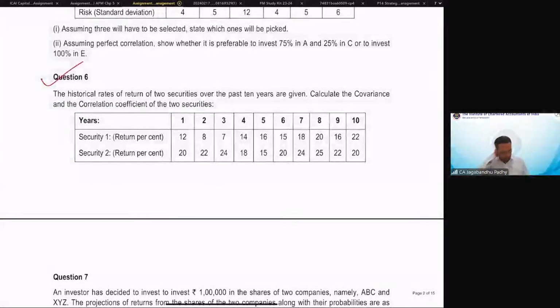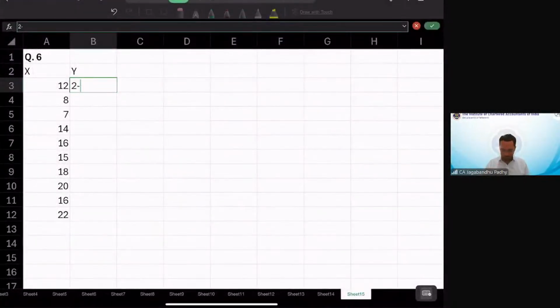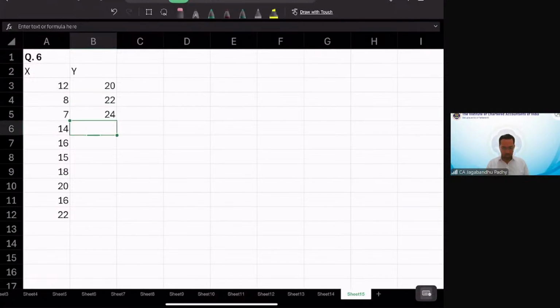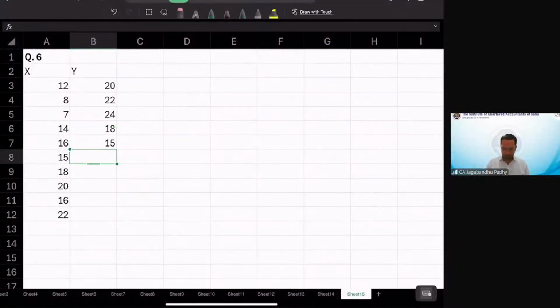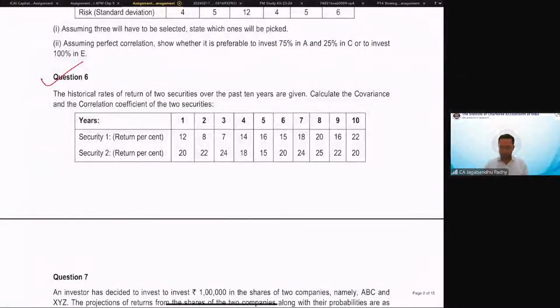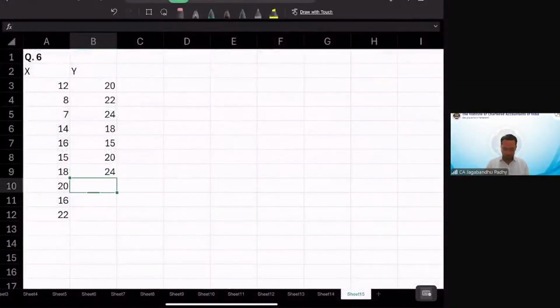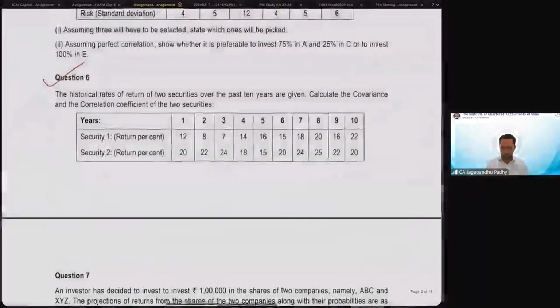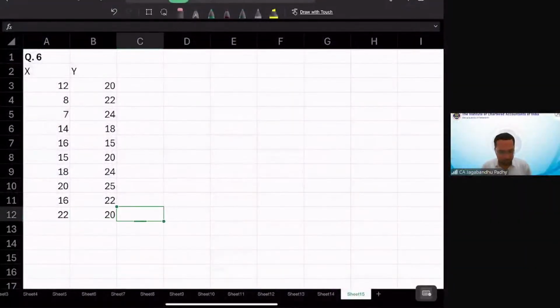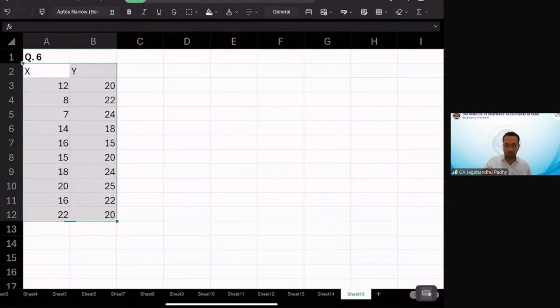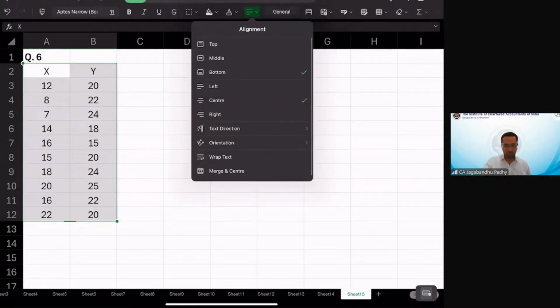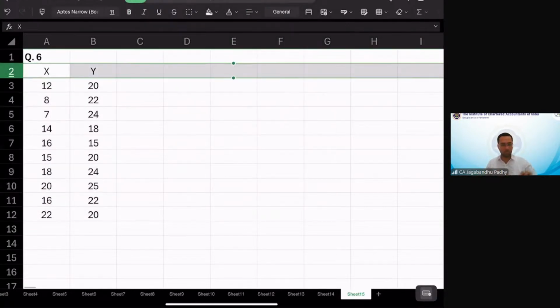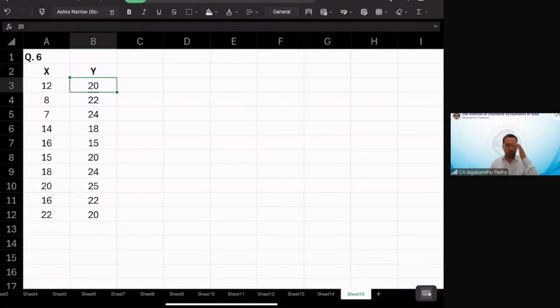And Y is 20, 22, 24, 18, 15, 20, 24, 25, 22, and 20. So we have got these X and Y values.